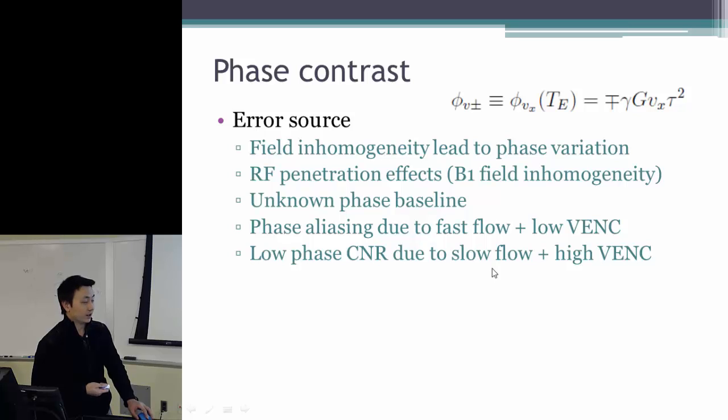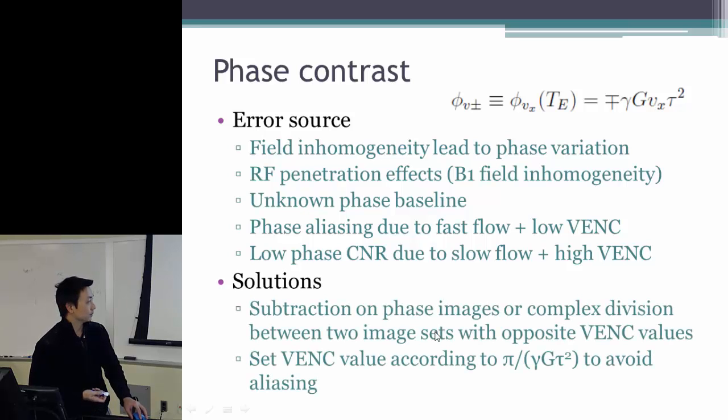On the other hand, if we use a high Wank value and we have slow flow, then we'll have very little phase development due to the flow. That would lead to a low phase contrast to noise ratio, and the noise term would become relatively very large compared to the velocity-induced phase. That will also lead to an error in calculating the flow velocities.